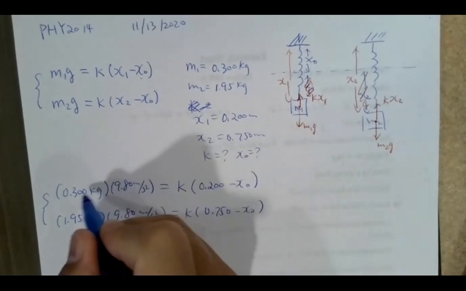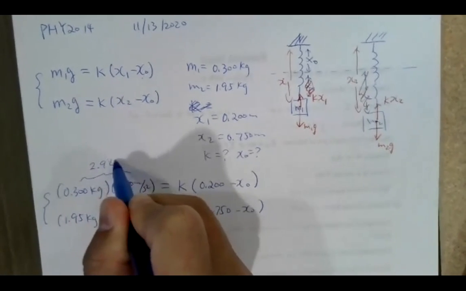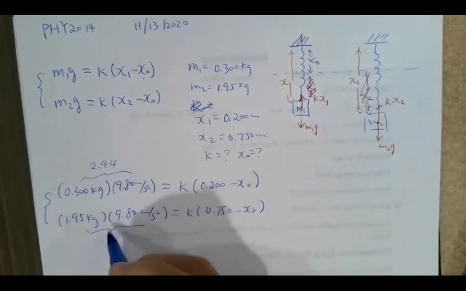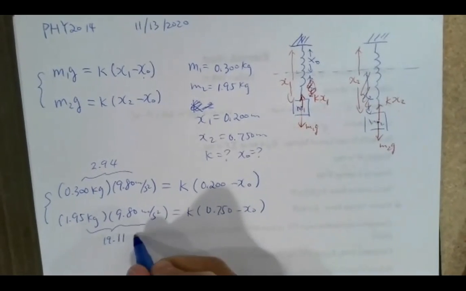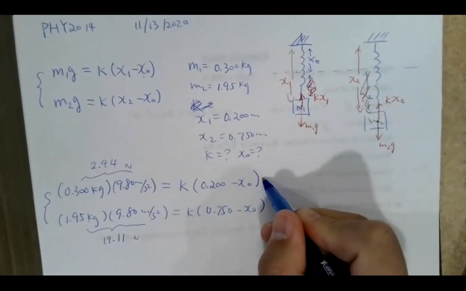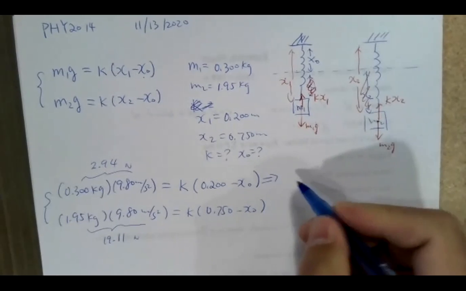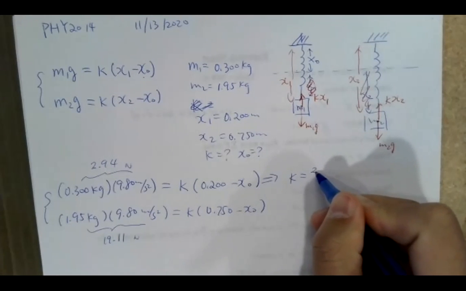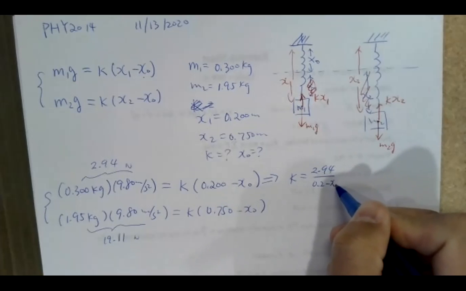On the left-hand side of the first equation, these two multiply to give you 2.94. On the second equation, these two multiplied give 19.11, in newtons. Then you can write one unknown in terms of the other. From here, k equals 2.94 divided by (0.2 minus x naught).